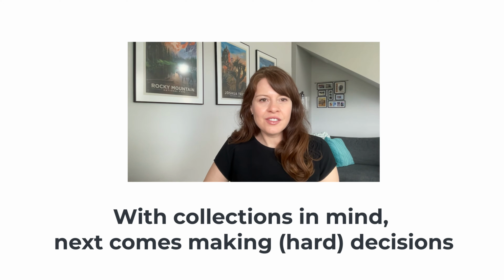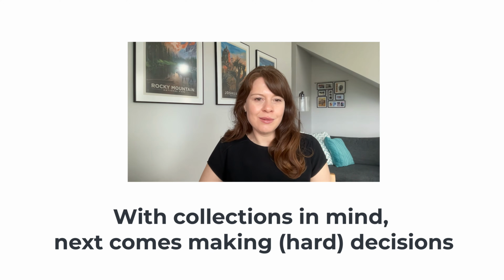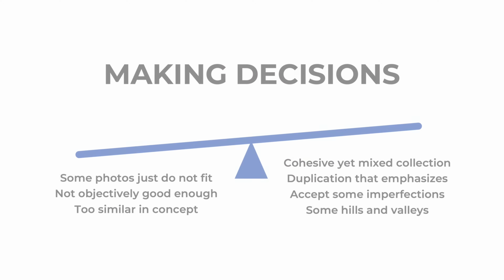So once I have some of these ideas in mind and I've started organizing some collections, seeing how things come together, then I'm going to get to the point of having to start making some decisions. So when I think about making decisions about what to include, what to not include in specific collections or in a sequence of photos, here are some of the things that I think about. And I think about it as a teeter-totter.